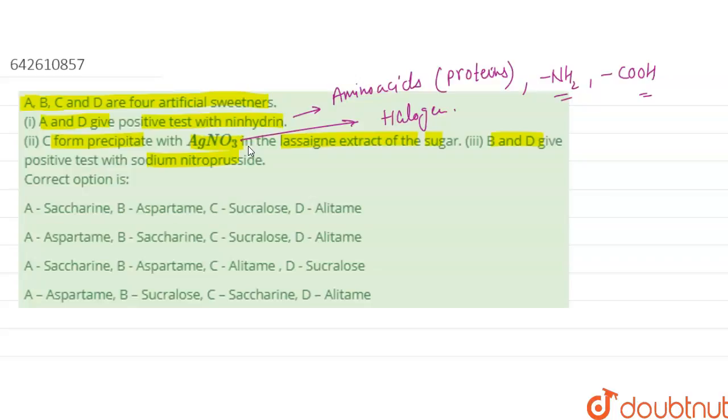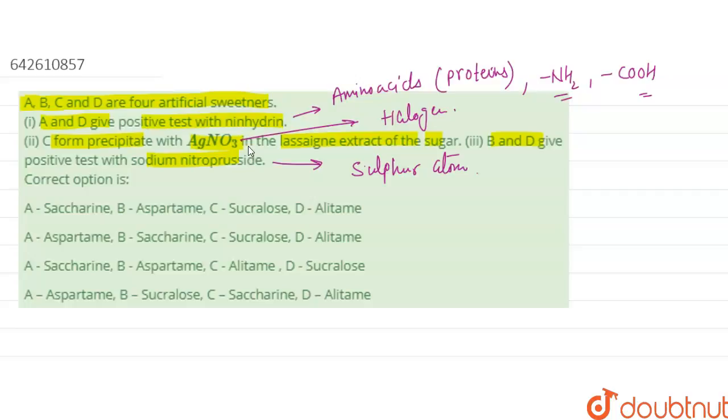For giving the positive test with sodium nitroprusside, there must be a sulfur atom present in it. Okay, so these are the information we get from these statements.